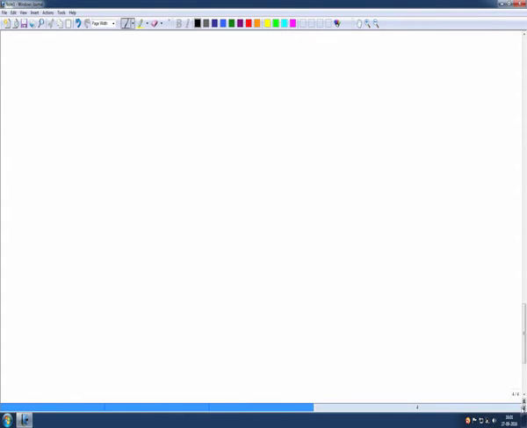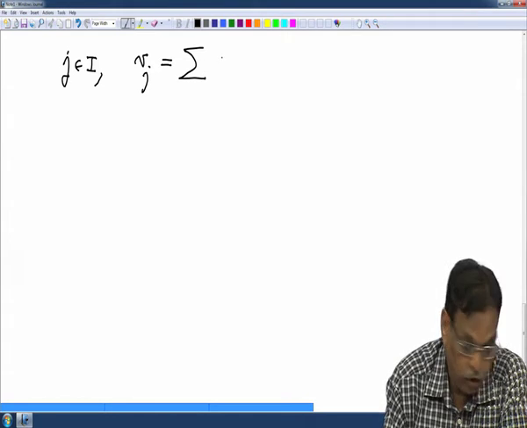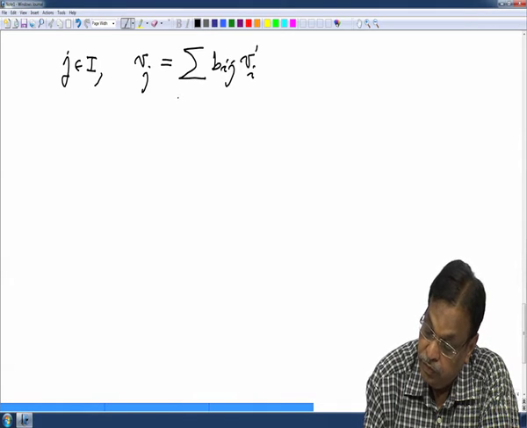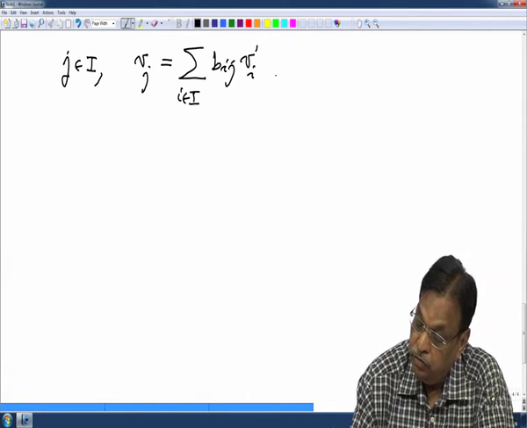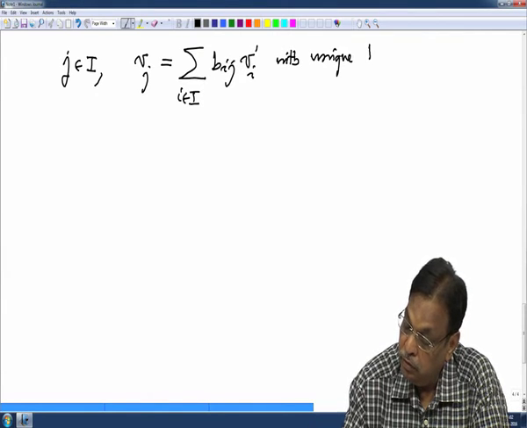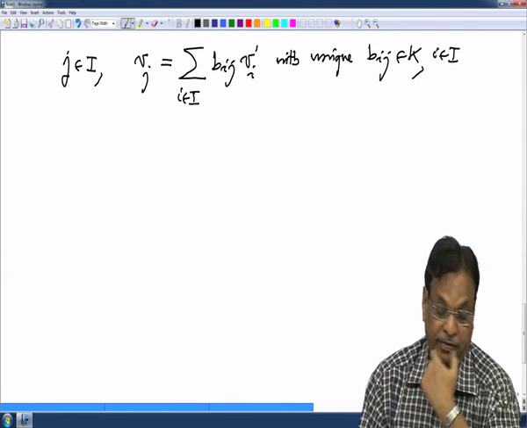Okay, then what is the statement? Then I am looking at, for every j in I, the jth member v_j in the family, this I can certainly write as a linear combination, which I am calling the sum over i in I of b_ij v_i', with unique b_ij in K. This is because the v_i' are a basis.